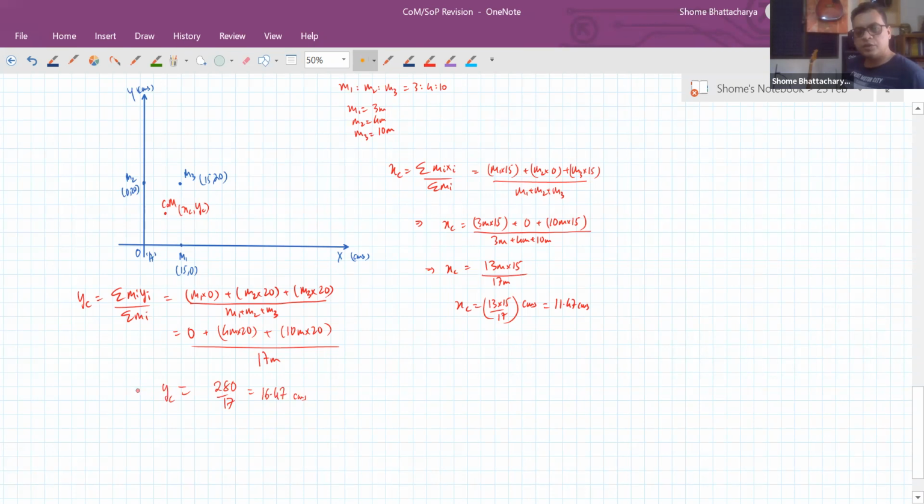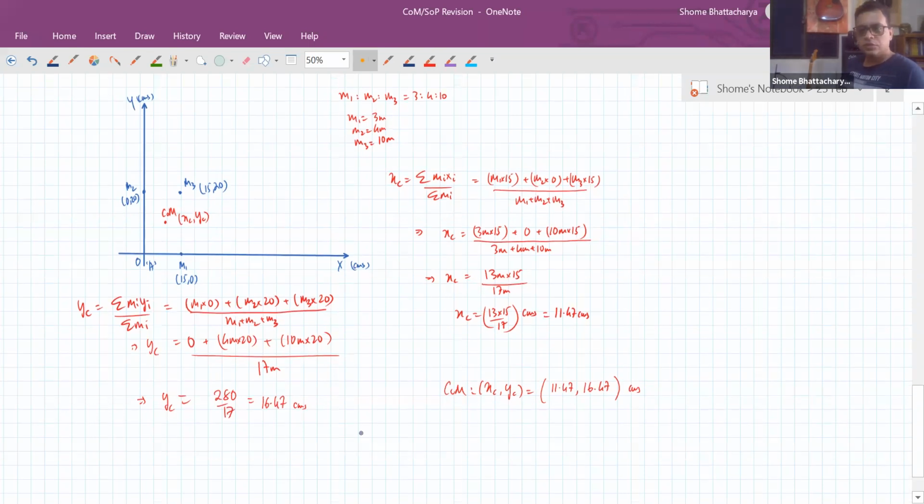So this becomes the y coordinate. Okay. So from this we can see that the center of mass is at the position in centimeters like this. So this is one of the important concepts over here.